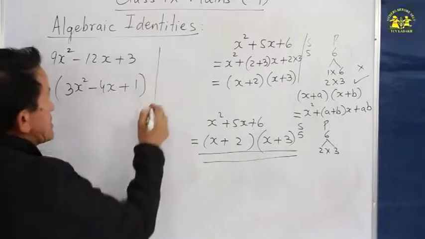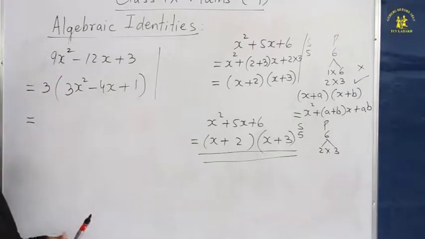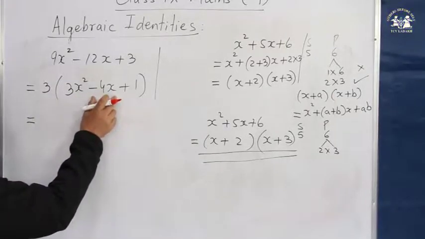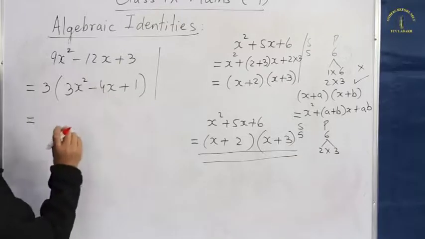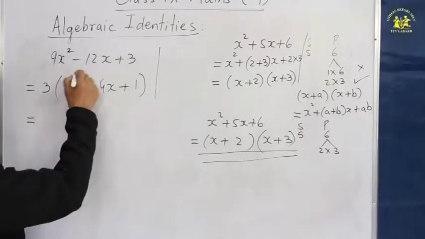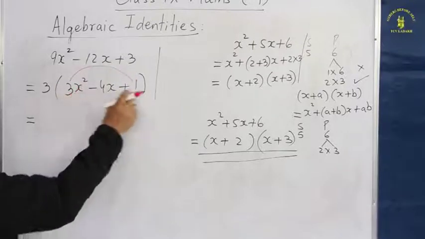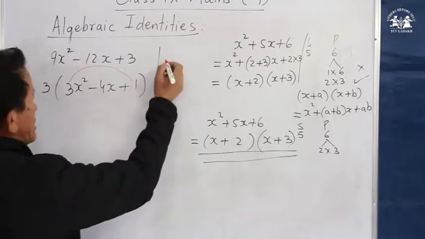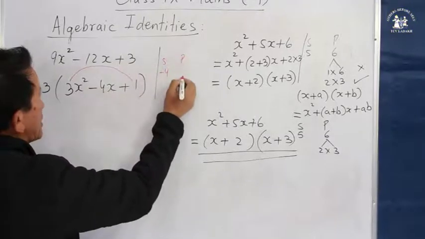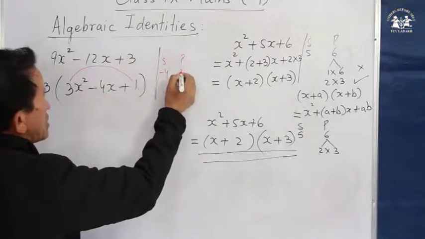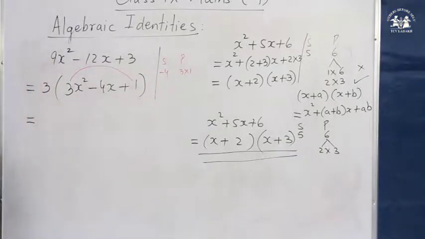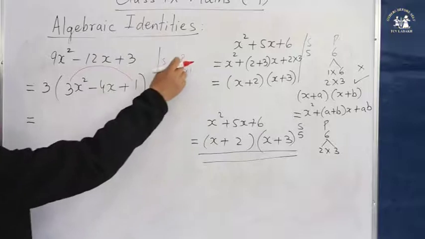So in this case, we have to split the middle term into two parts so that the sum is minus 4 and the product is equal to 3 into 1. Now look at the sign.